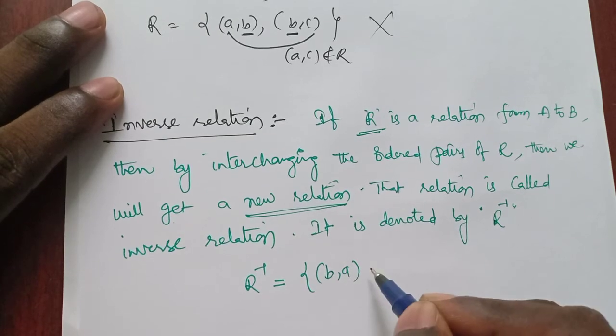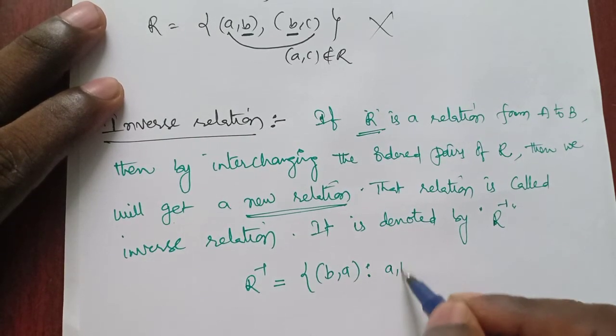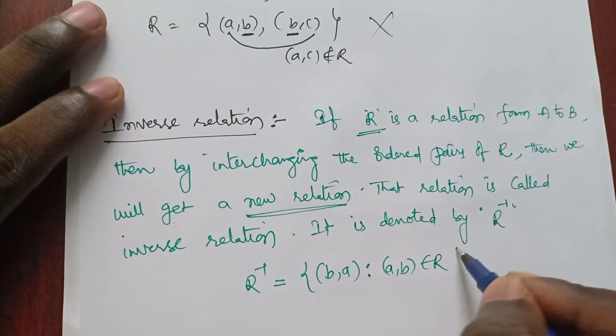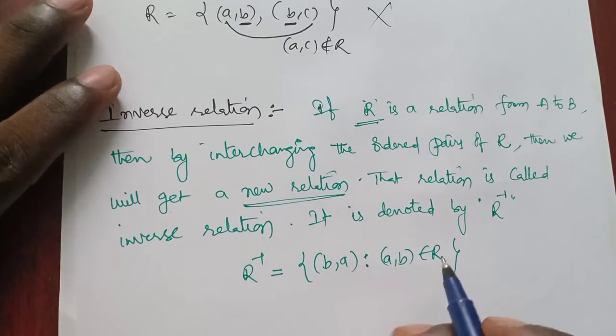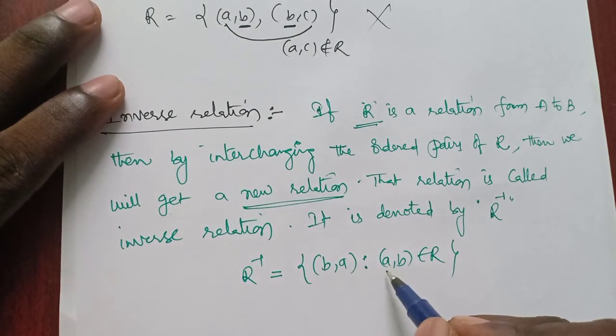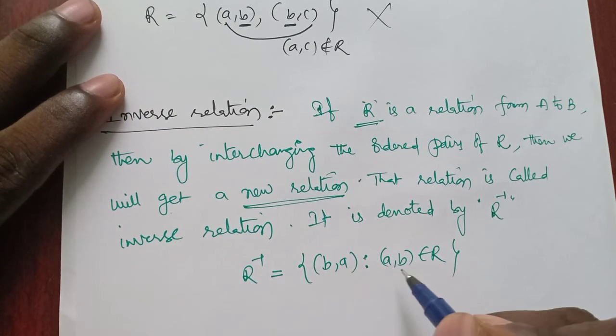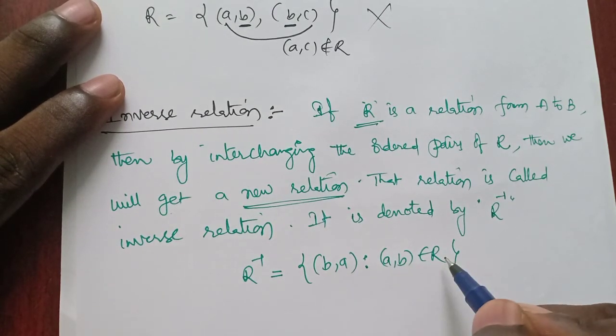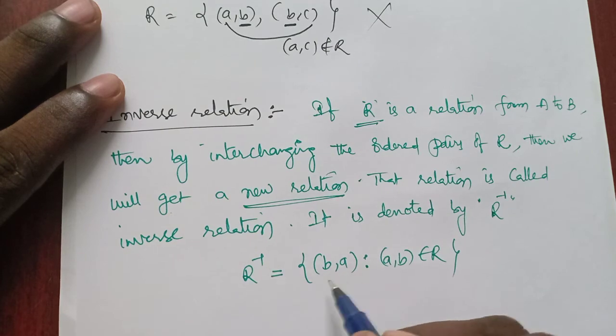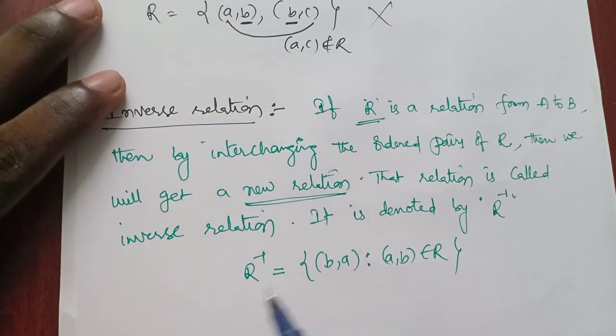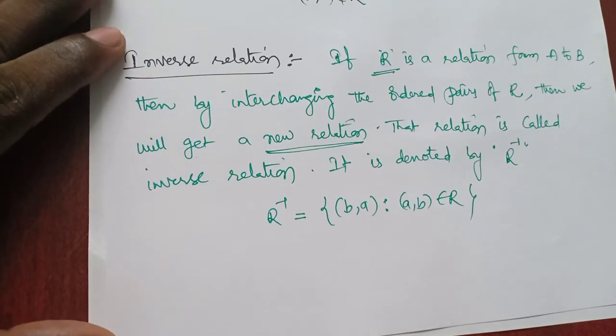B comma A, where A comma B belongs to the relation. See this? If A comma B is present in this relation, then R inverse has B comma A. Which means that if 1 comma 2 is present in this relation, R inverse has 2 comma 1. If A comma C is there, we have C comma A in R inverse. So very easy.